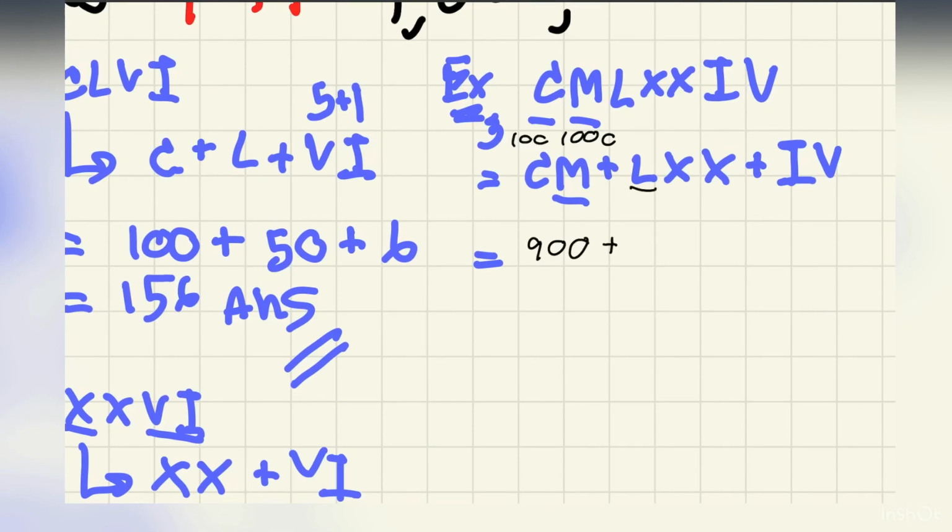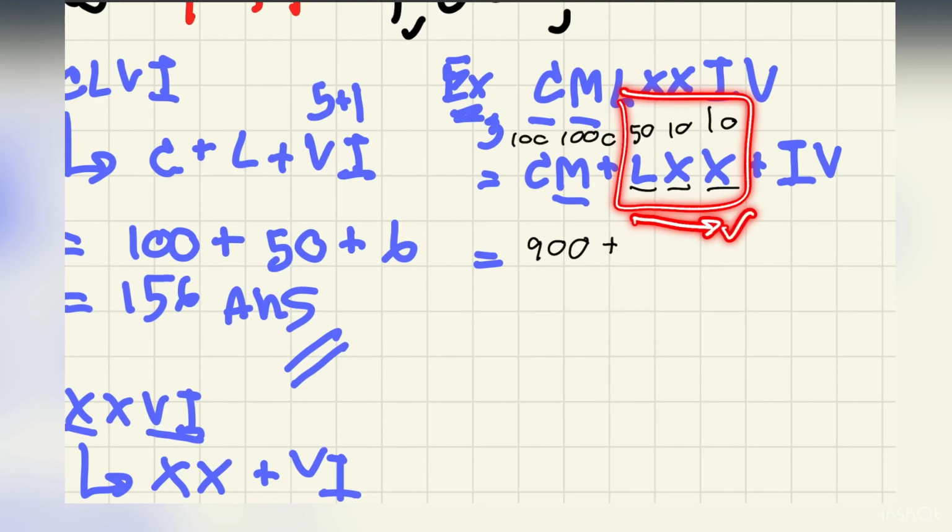Plus L equals 50, X equals 10, and 10. Is it in the right order? From greatest to least. It's in the right order. So we can just add 50 plus 10 plus 10, which is equal to 70.